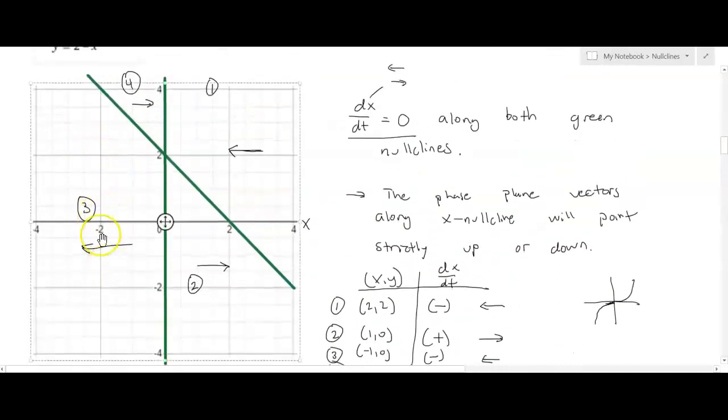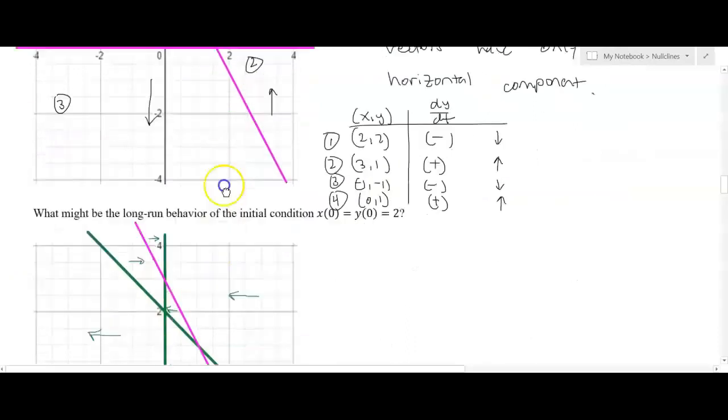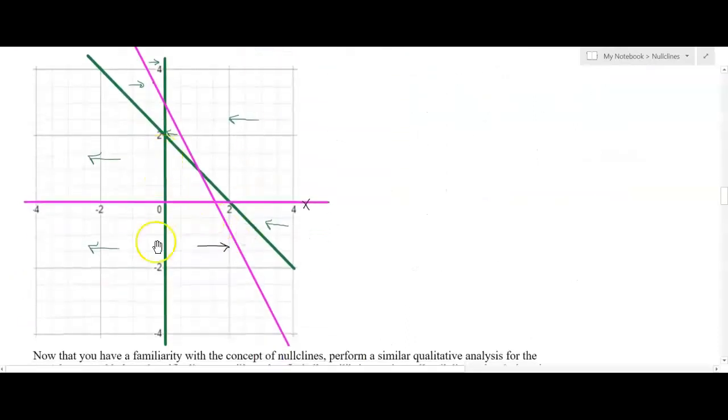So we've just basically labeled the top half and the bottom half. And now also we have this fourth region over here, and the vectors point right everywhere down here. So I'm going to erase this right pointing vector and put it in all of those little pockets. So here, here, here, and here as well.